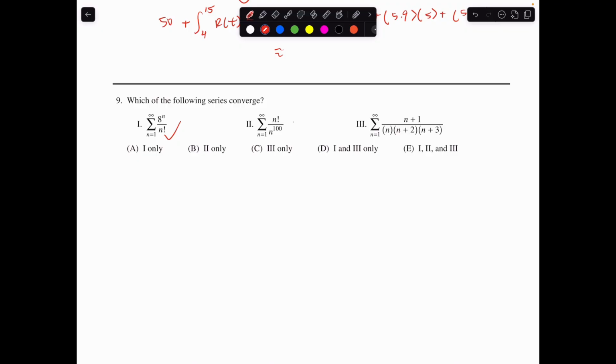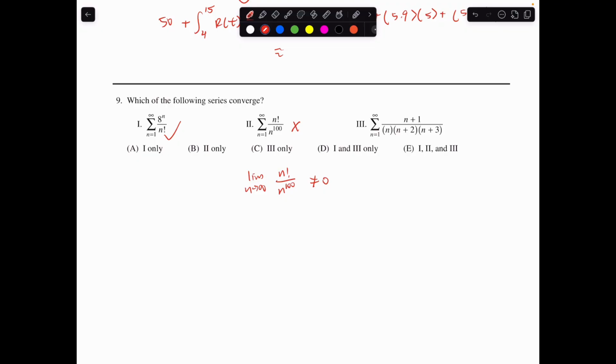For 2, it does not converge because, again, the factorial reaches infinity faster than, well, this one is a power, so the power goes slower. So this one fails by the nth term test, because the limit as n approaches infinity of n factorial over n to the 100 does not equal 0.